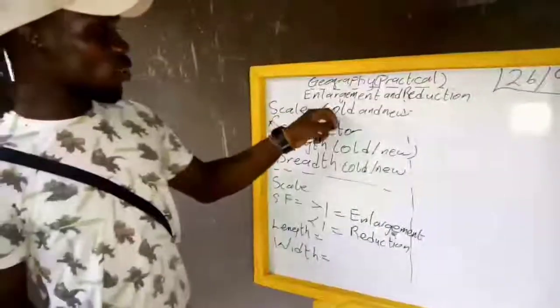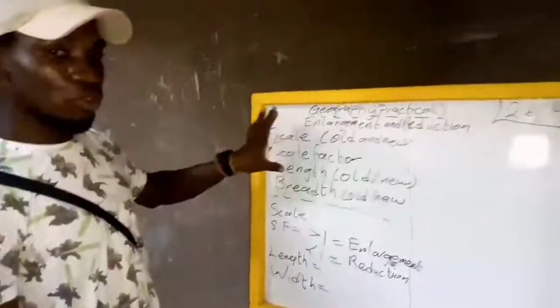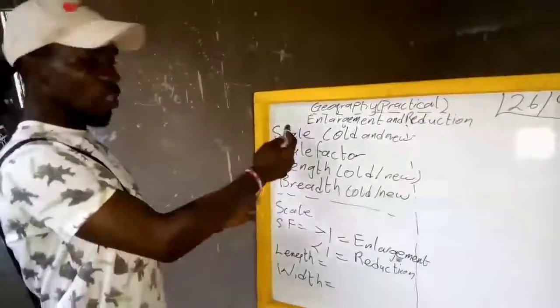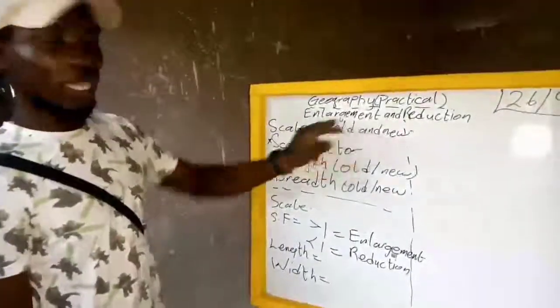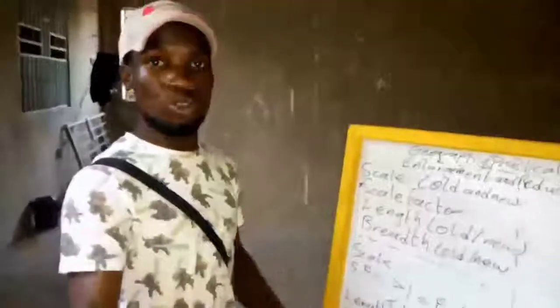As I said, in each one you need old and then new. You need all 4 of these to draw a new outline map. Most often than not, all 4 might be given, but they don't give you both old and new. The old one represents the original map they gave you, and the new one represents the one you are going to draw.